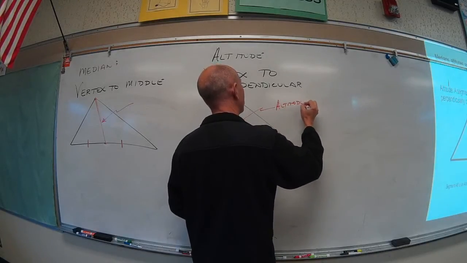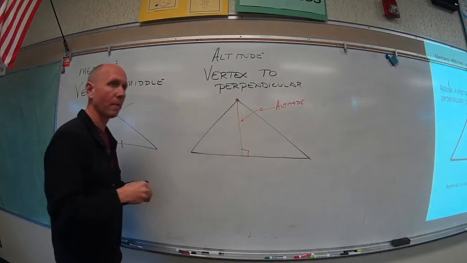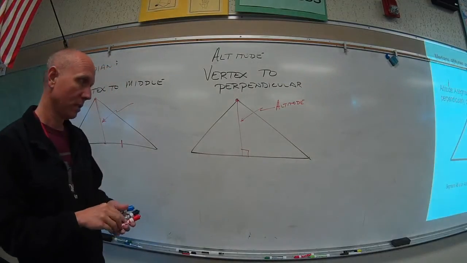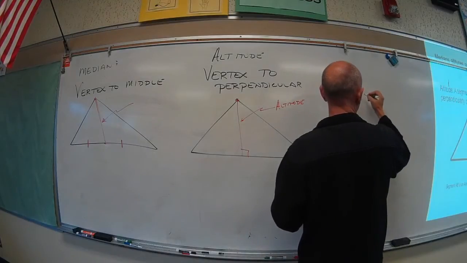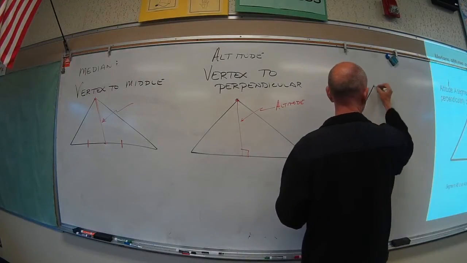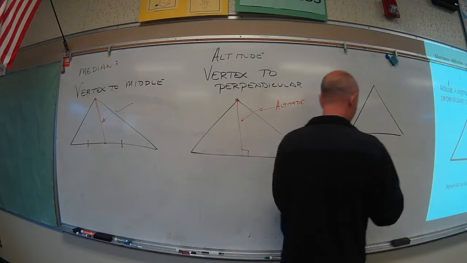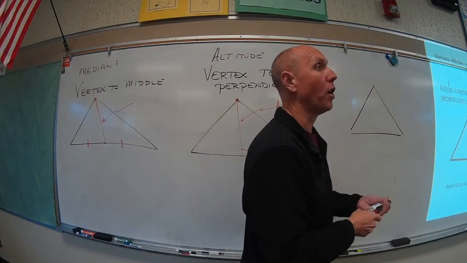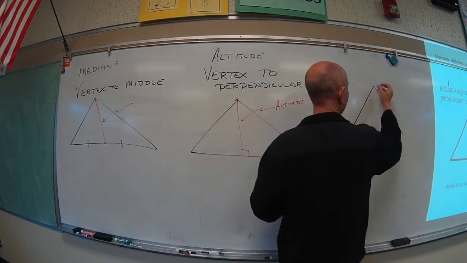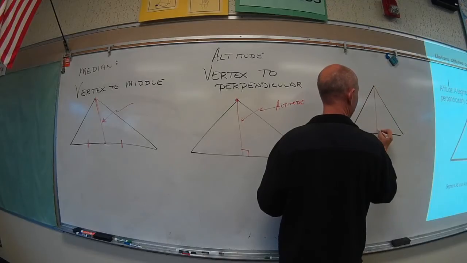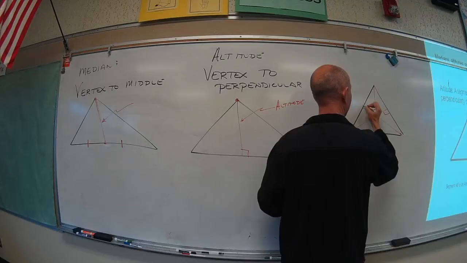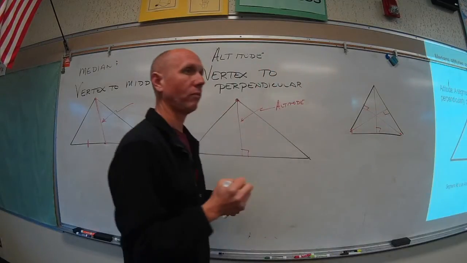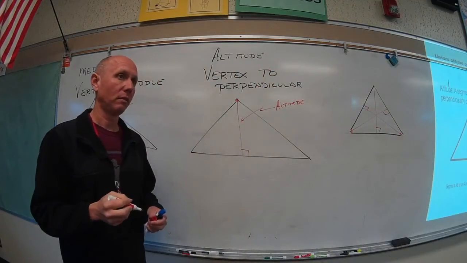Thank you, Chris. What happens if your vertex is like the flat side? You're not going to like this, but let me make it a little bit more like this. I'm going to show you all the altitudes. Those are all altitudes.